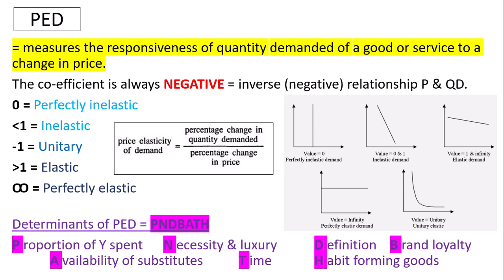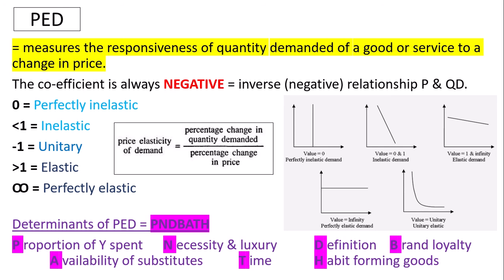However, if you define the product as a brand, so this is whenever the availability substitutes comes in, if you define it as Hovis brown bread, for example, that will have a more elastic demand because of the substitutes available. So for example, Hovis white bread, Kingsmill bread, Warburton's bread, okay, so there's more substitutes, and if there is more substitutes, that makes the product more elastic.